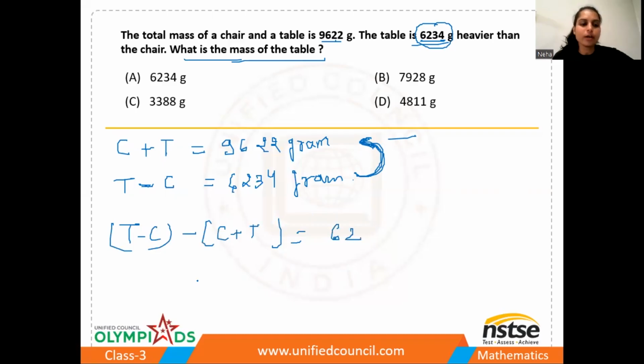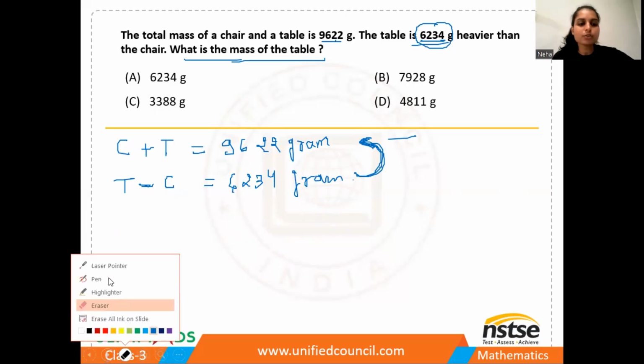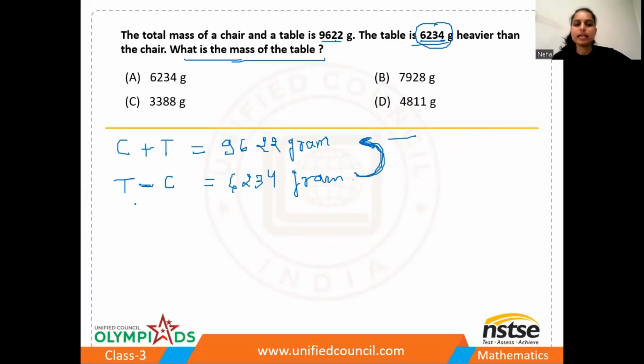Basically, the total mass of the chair and table is given as 9,622 grams, and the difference of the mass of table and the mass of chair is given as 6,234, and obviously the mass of table is bigger, right? So I can just subtract T minus C from C plus T.